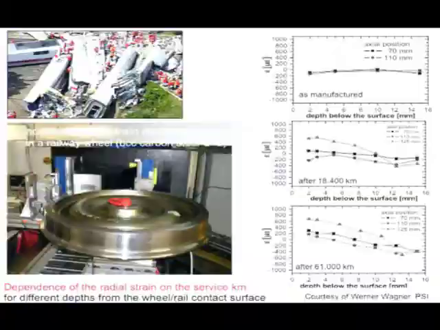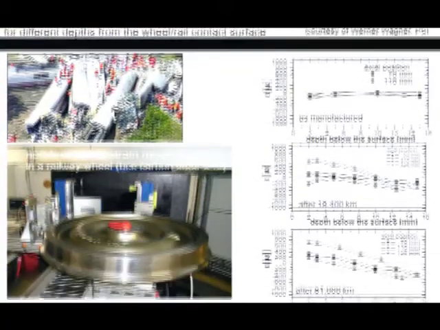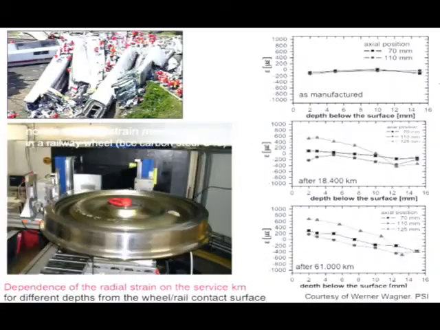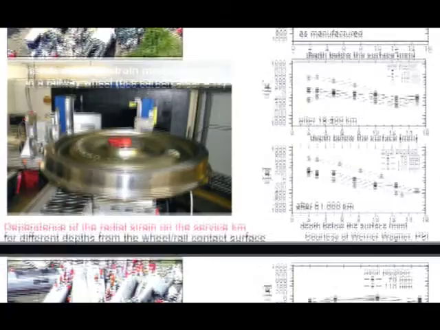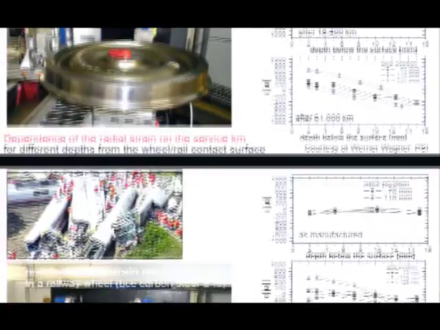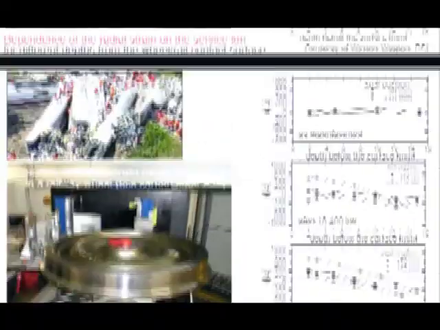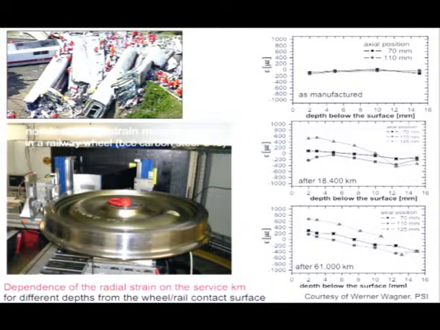And these plots were given to me by Werner Wagner from PSI.